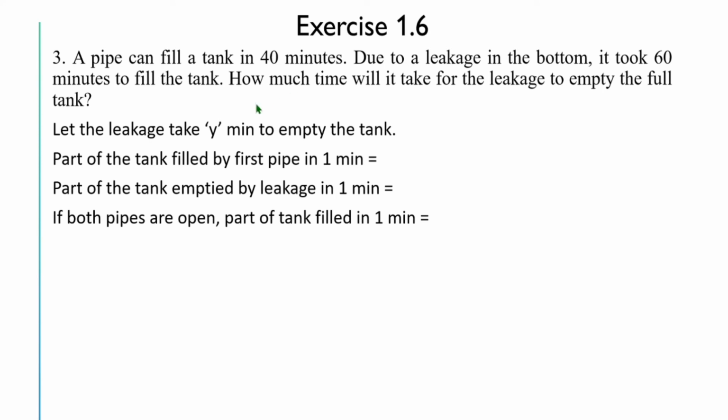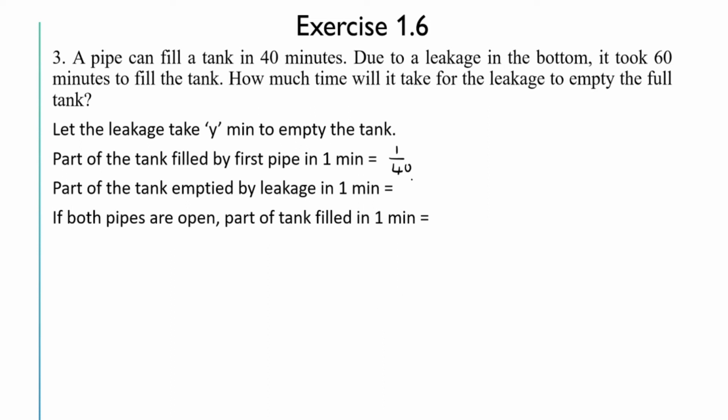So let us consider, let the leakage take y minutes to empty the tank. So the part of the tank which is filled by the first pipe in 1 minute will be 1/40. Next, the part of the tank emptied by leakage in 1 minute will be 1/y, because we have taken that the leakage takes y minutes to empty the tank.